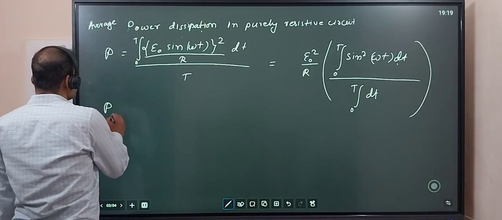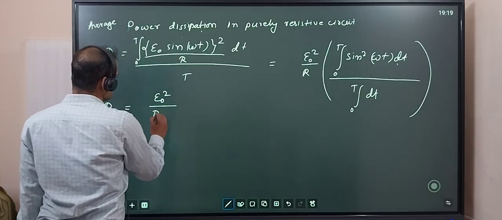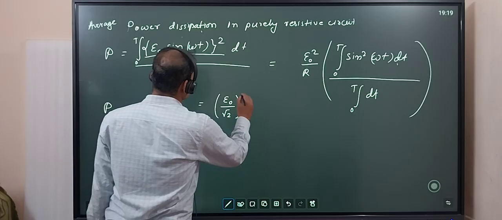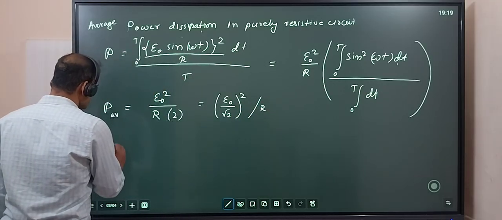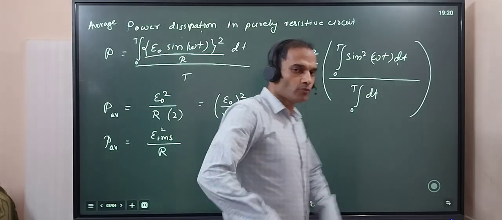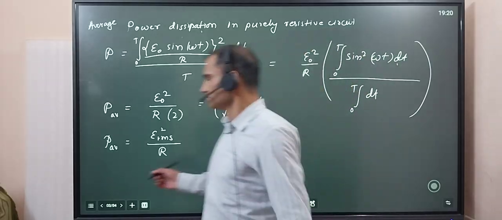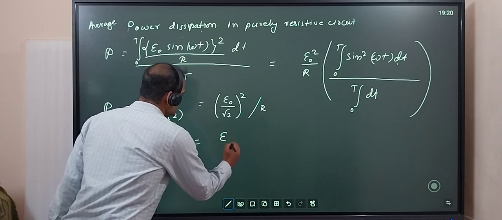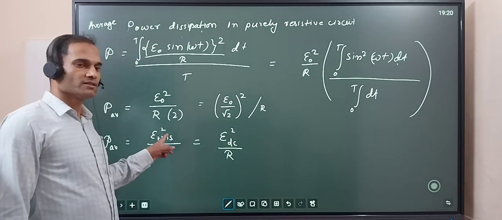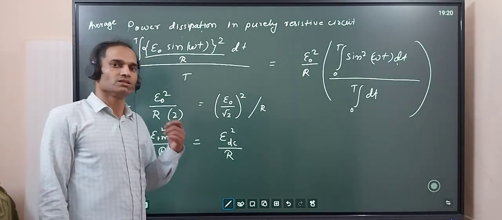Okay, so P average will be E naught square by R, and there is 2 also. So it will be E naught by root 2 the whole square divided by R, or you can also say E RMS the whole square by R. Okay, so what you can see is that if you use the DC current, E DC the whole square by R, then EMF should be equal to E RMS, or in other words E naught by root 2.